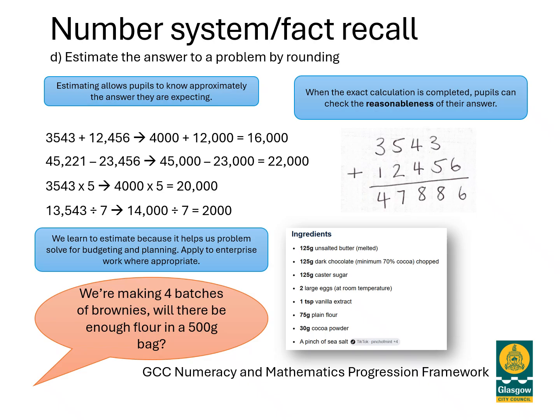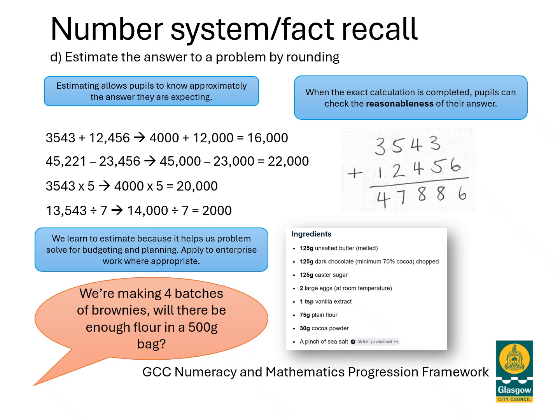So as in the first line that's typed there, 3,543 plus 12,456, if a pupil rounds those quickly to their nearest thousands, they know that they're going to be expecting an answer around 16,000.